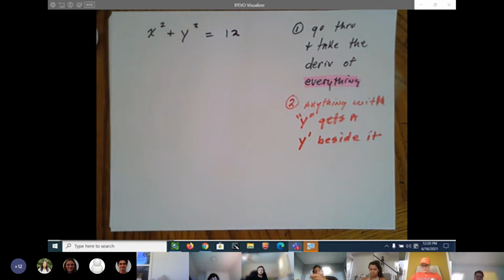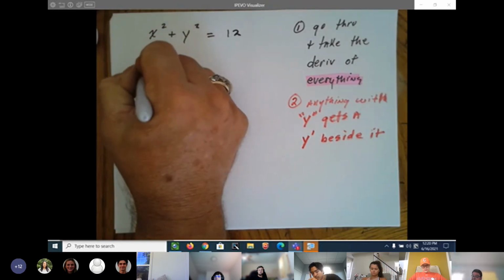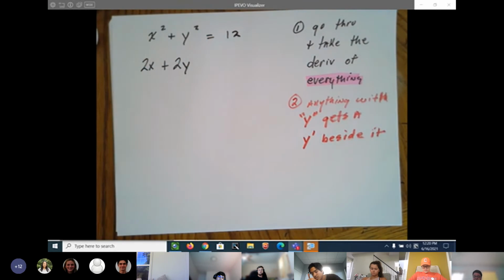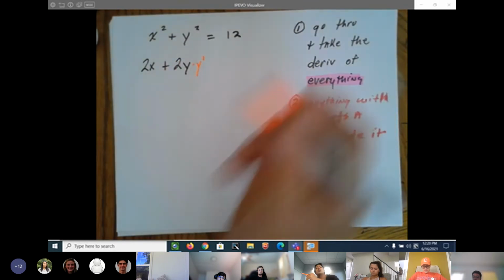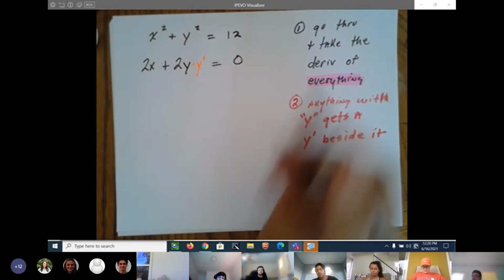Now, when I go through and do it, I'm also going to put a y prime in orange beside that y term. So 2x plus 2y, y prime, is equal to 0.